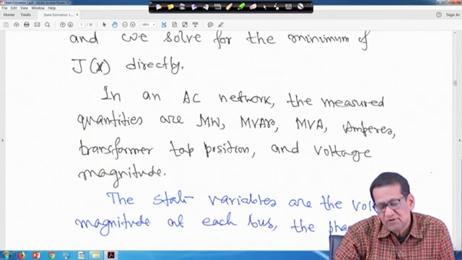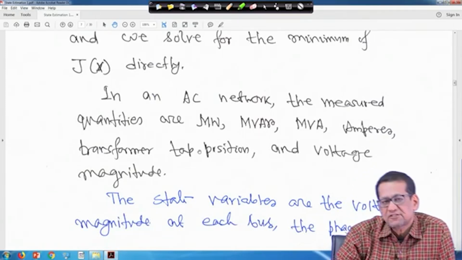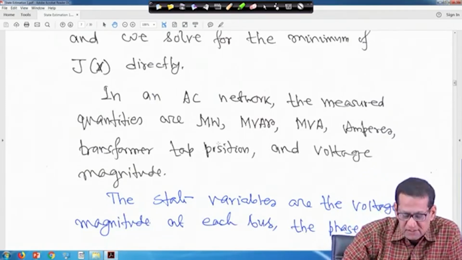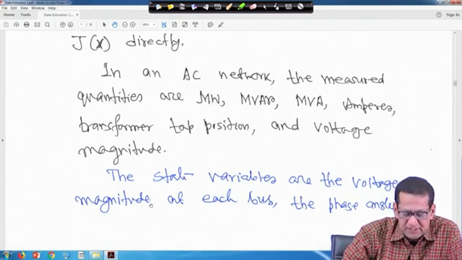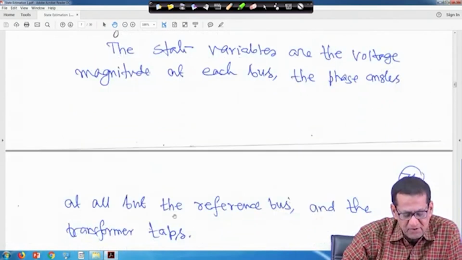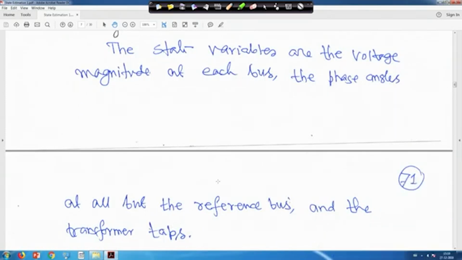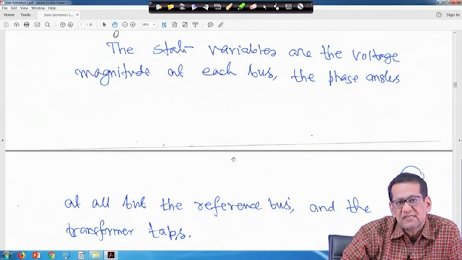That means line flows or power injections or voltage magnitudes or angles. The state variables are the voltage magnitude at each bus, the phase angles at all but the reference bus, and the transformer taps, because the reference bus, the slack bus, we need not estimate. The transformer tap position can also be considered as a state variable.